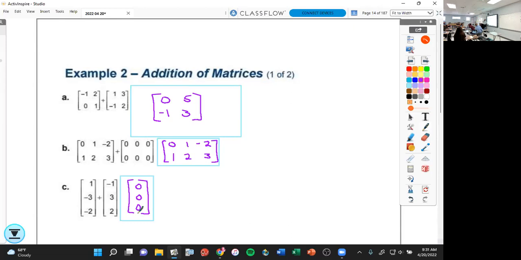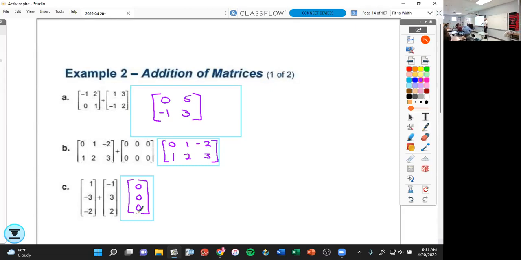What kind of a matrix is this first matrix here? 1, -3, -2. What kind of a matrix is that? It is a 3 by 1. What else is it? Remember, mathematicians aren't very smart when it comes to naming stuff. It's very obvious. This is a column matrix, right? A column matrix. Just throwing some stuff out there we talked about.